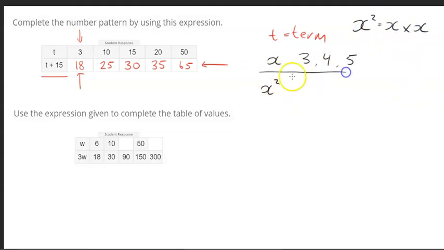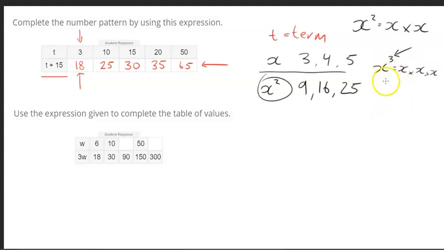So if x is the input, the output for this would be 3 times 3, which is 9. If 4 is the input, the output would be 4 times 4, which is 16. This one is 25. So if you see this little expression pop up, x squared, or it could even mean x to the power 3, that's just x times x times x. You're just multiplying the number by itself, however many times the power is indicating. So just be careful of that type of question.